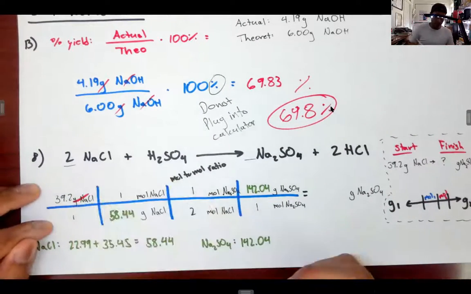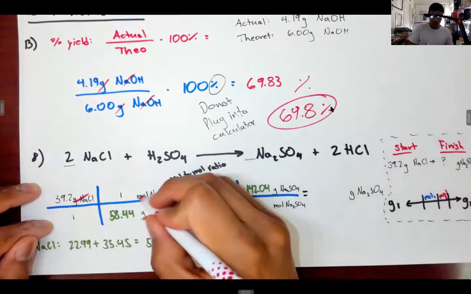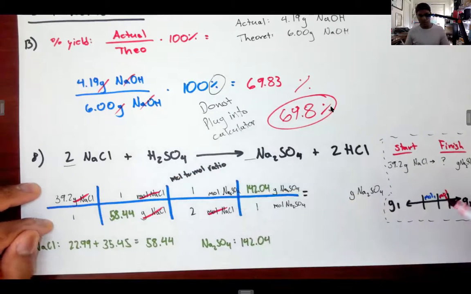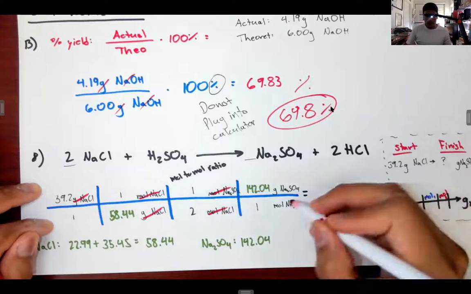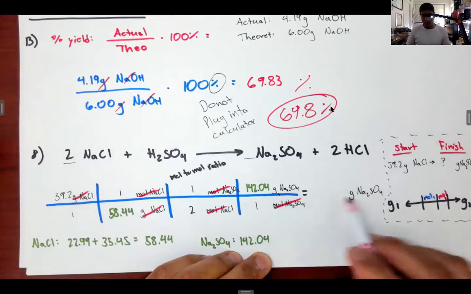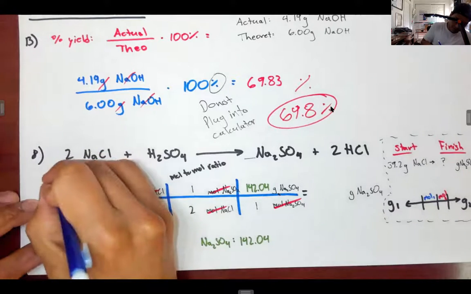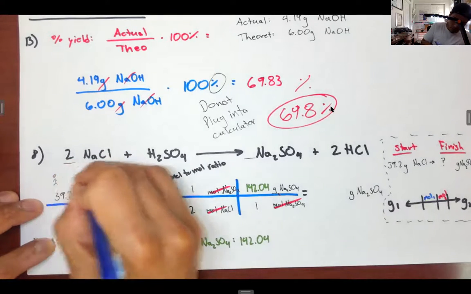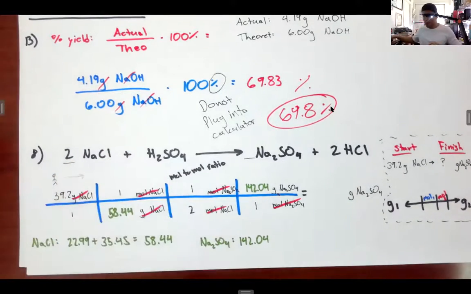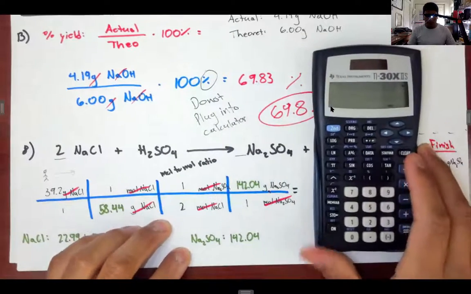We have grams of NaCl, grams of NaCl cancels out. Canceled out what we started with. Mole of NaCl, mole of NaCl. Mole of Na2SO4, mole of Na2SO4, and we're finishing with grams of Na2SO4, which is what we want. Now we're going to be that little person, and we're just going to walk across the bridge on our calculator. All right, so let's go ahead and let's write it all down.